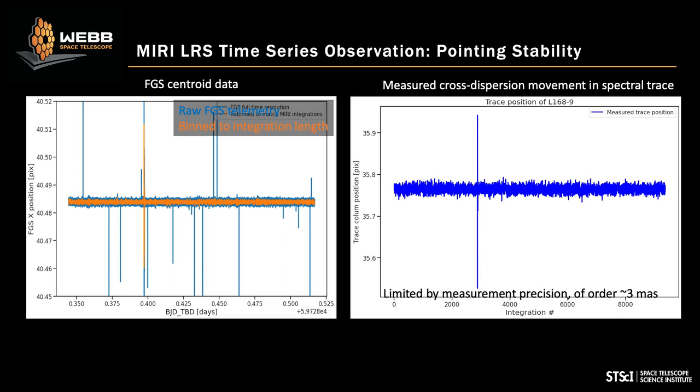The only effect we see was a high gain antenna move around 0.4 in the left figure, which could also be seen in the Miri data, a small movement, but only a handful of integrations, and you can just remove those integrations. That has no effect whatsoever on the overall results. For the rest, we could not detect, certainly not in the Miri data itself, any pointing movements or drifts or anything like that.